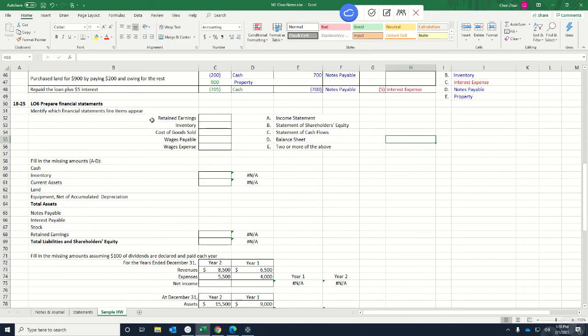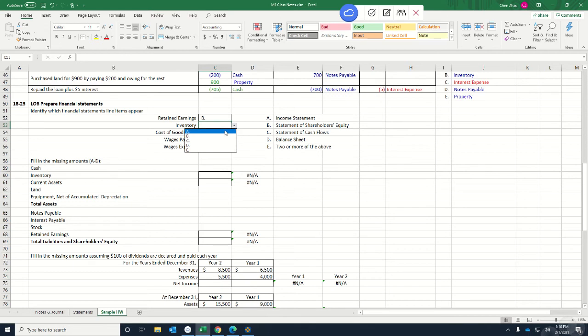Identify which financial statements line item appear. Retained earnings. Where do we put the retained earnings? Shareholders' equity, which is B. What about inventory?